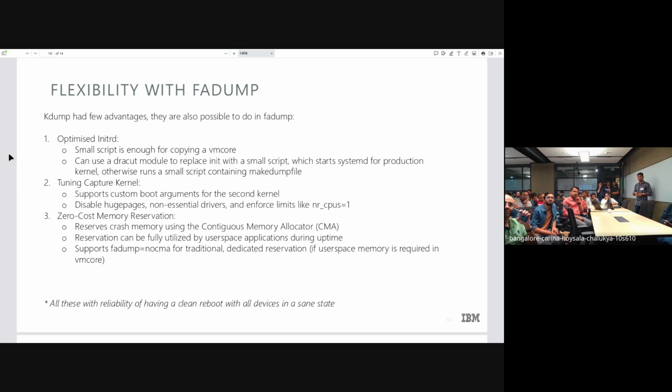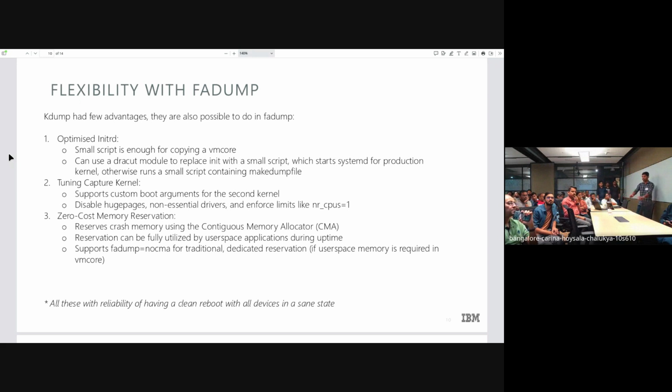The first two are basically to have a smaller boot for the second kernel. Here, if you want, you can also avoid having a separate capture kernel boot. What the FADump design allows is that you can boot the production kernel again, capture the VM core, release all the production kernel memory, and continue as a production kernel.